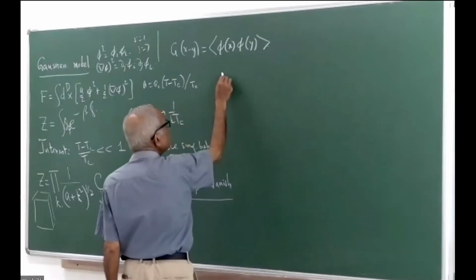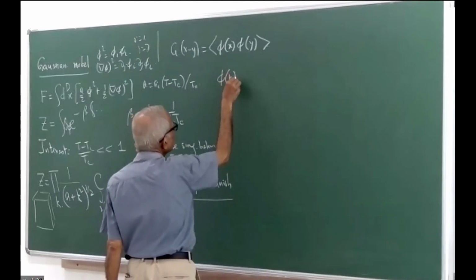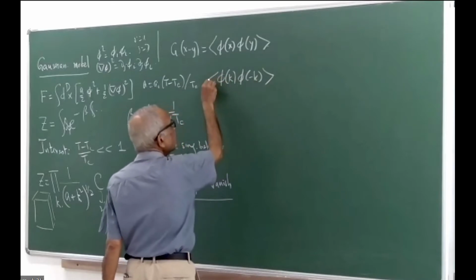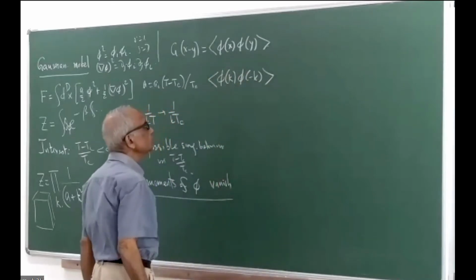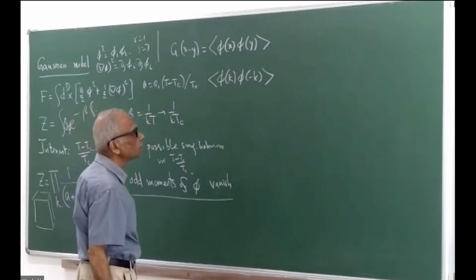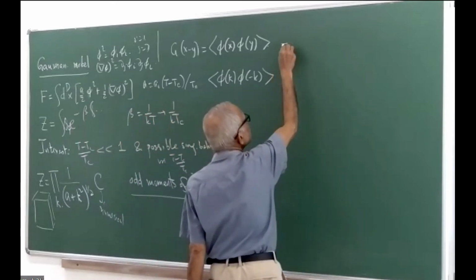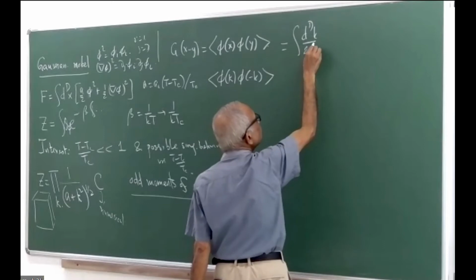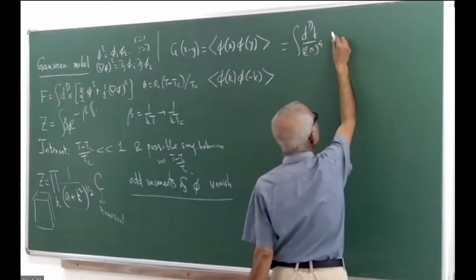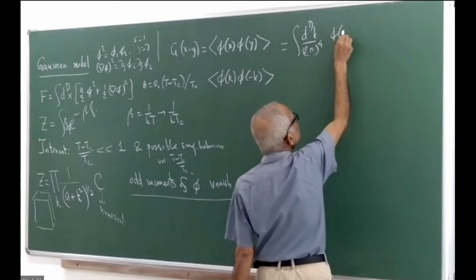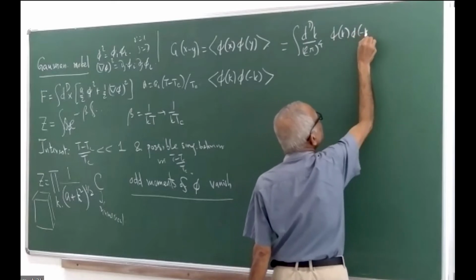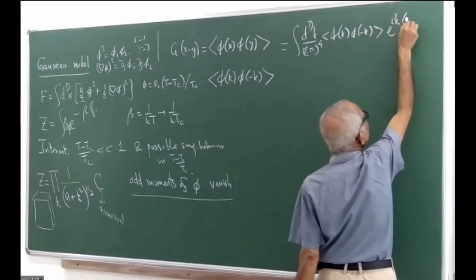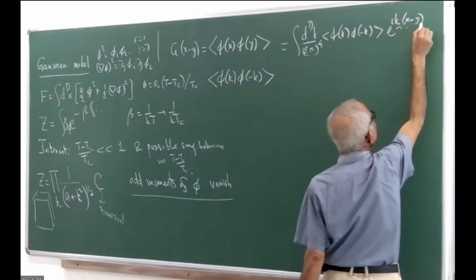Calculations are done primarily in the Fourier space, and if I write the Fourier transform over here, then this would be the integral d^d k over 2 pi of phi_k phi_minus-k e to the power i k dot (x minus y).